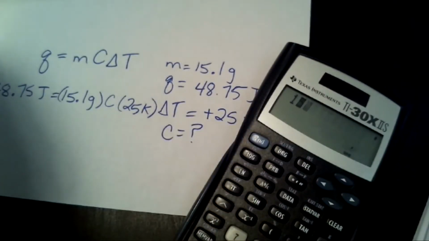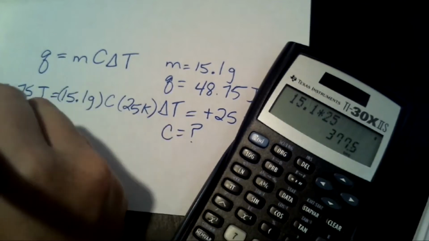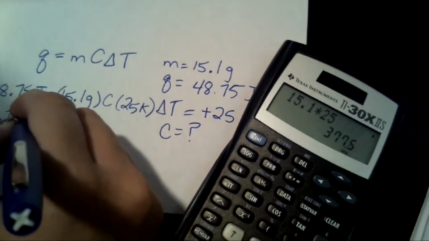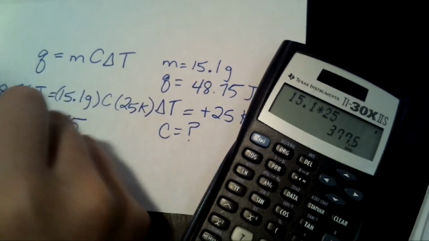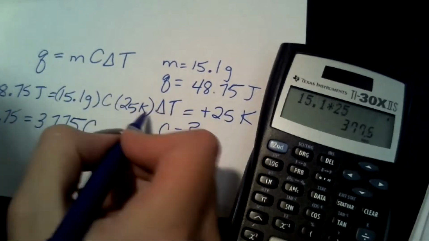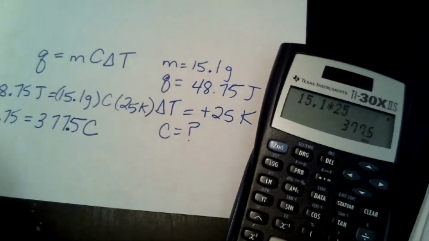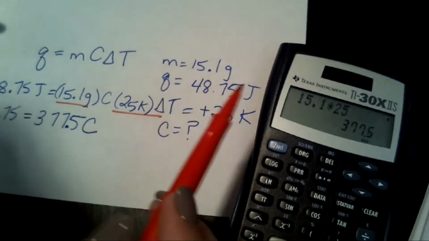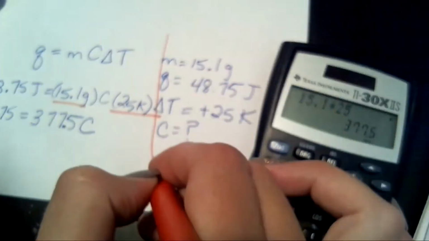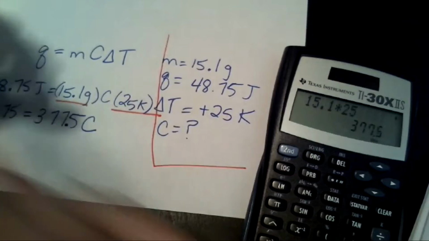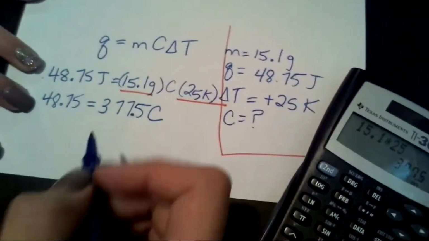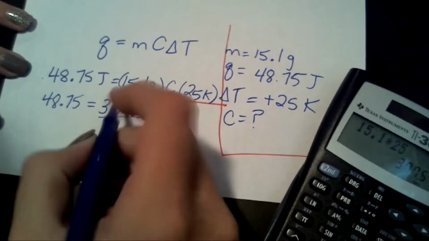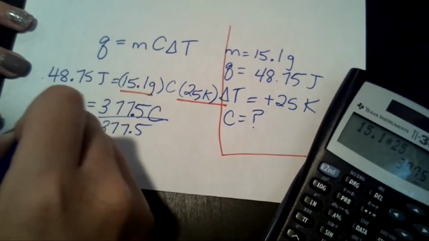I'm going to do 15.1 times that 25. 48.75 is equal to 377.5 C. I combined those two values by multiplication. Then to get the C by itself, I'm going to divide on both sides.